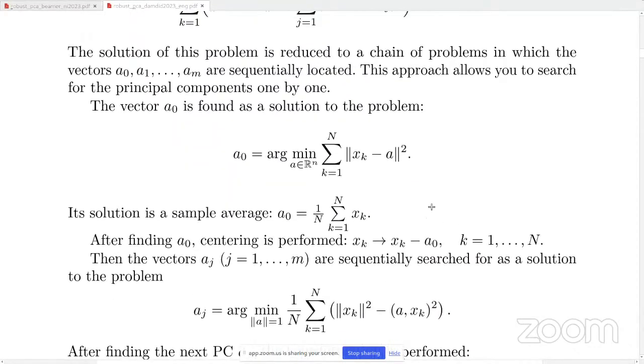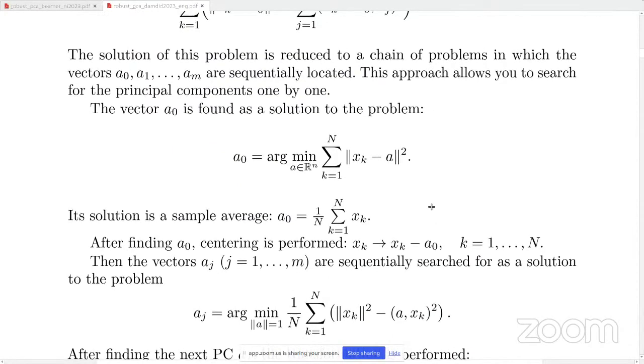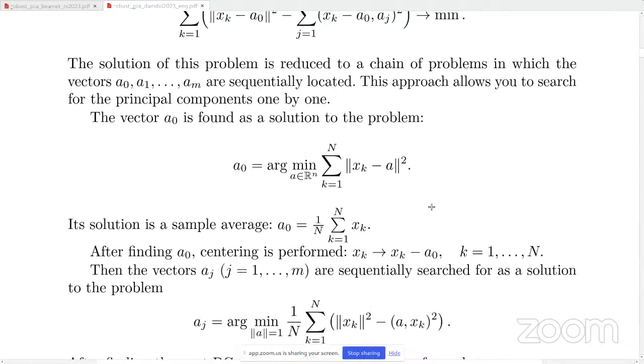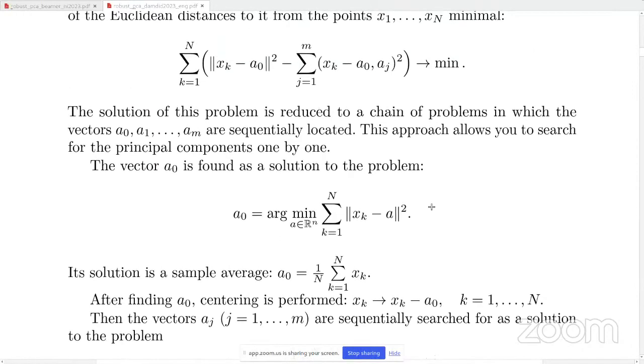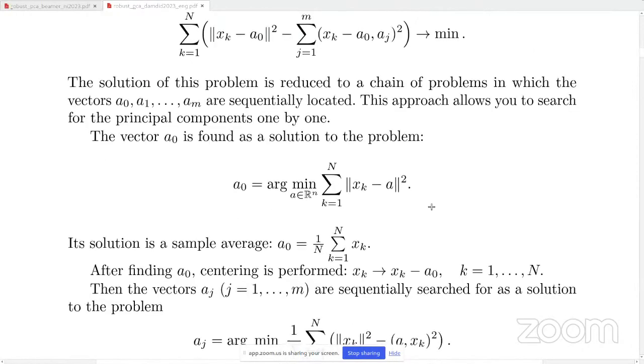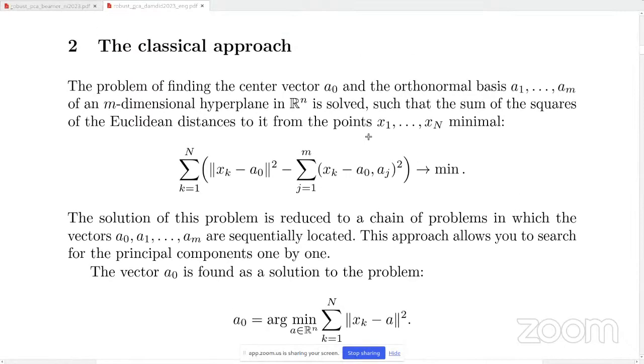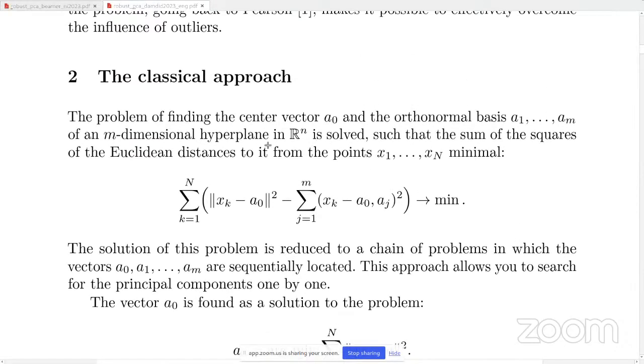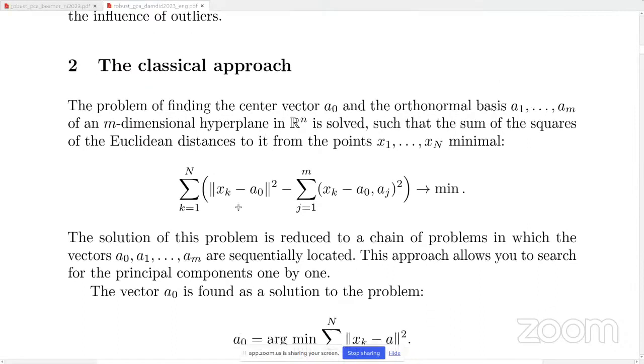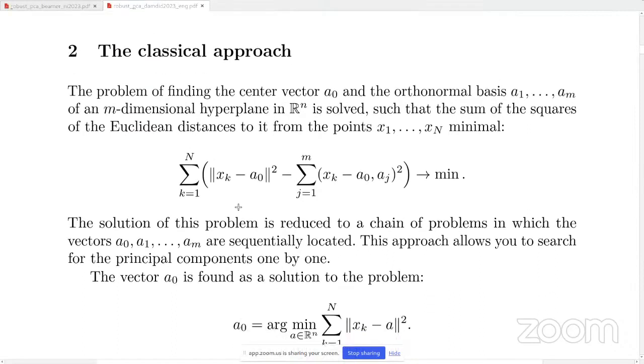I don't see such an approach in other works. They used different approaches from ours for the formulation of the problem.